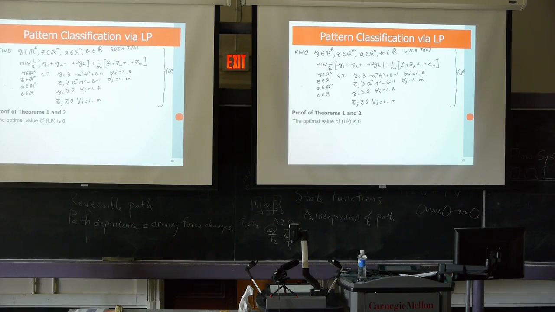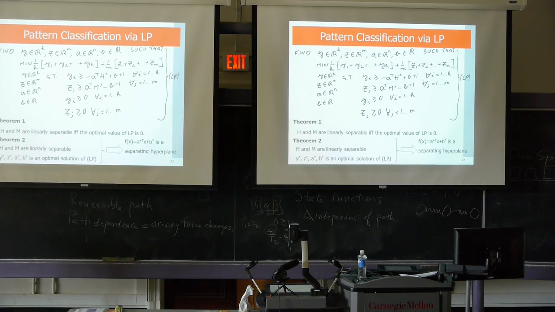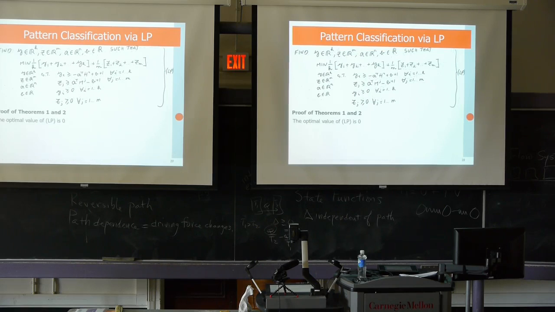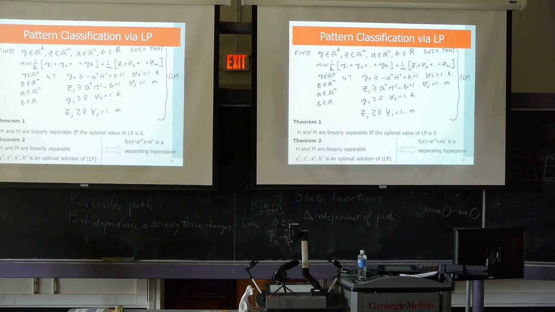And the second question is why this linear program has any relation to our problem. So we need to prove these two theorems, and then we will see the relation. Are the theorems clear? If I prove this theorem, that answers your question about how this linear program is related to the classification problem.